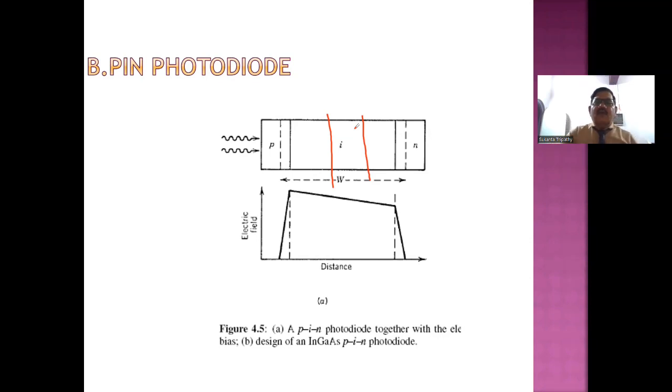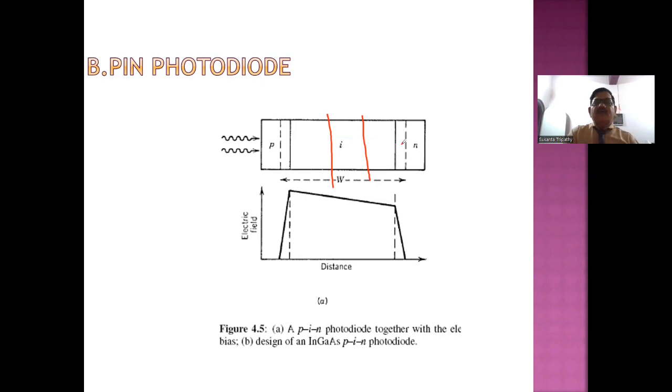See, suppose the electrons reach here with very small velocity, then the electrons will take more time to cross this region. And if the electrons take more time to cross this region, then definitely the probability of absorption will be more.